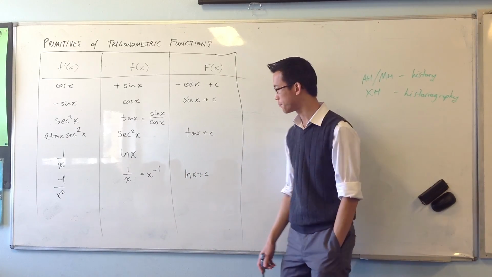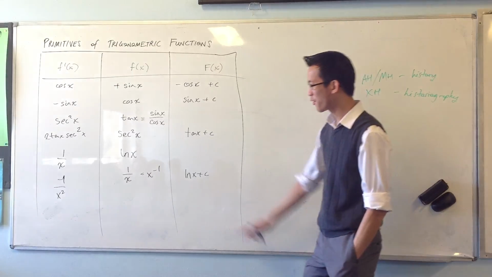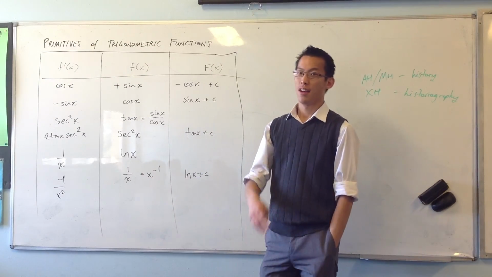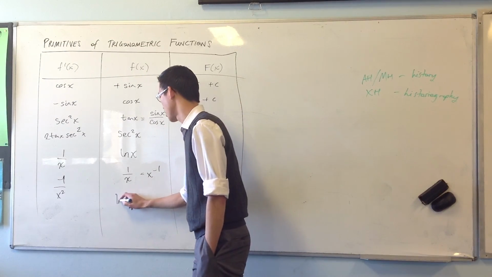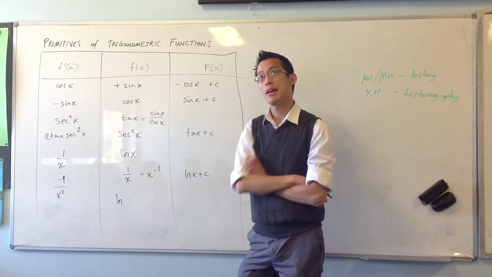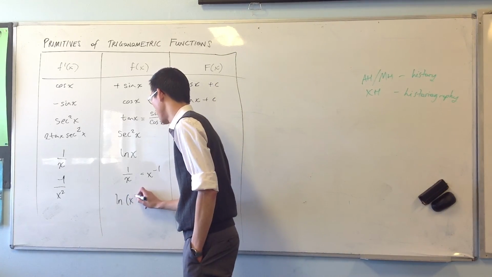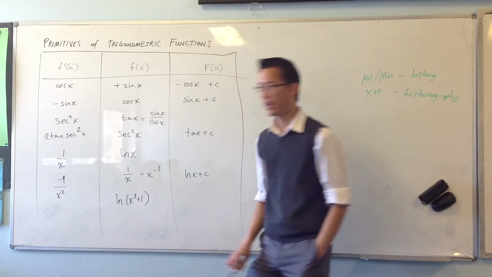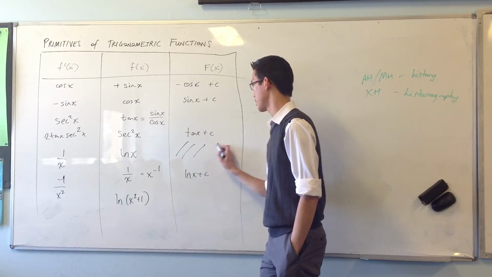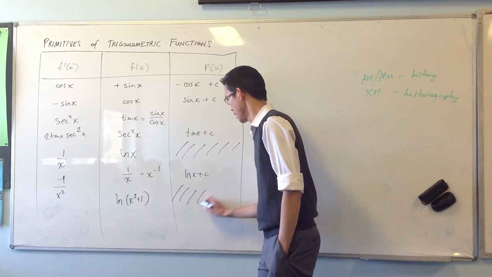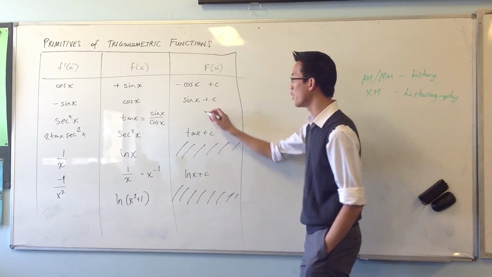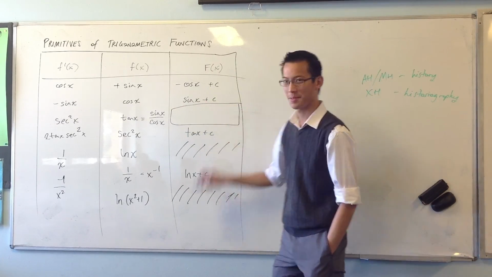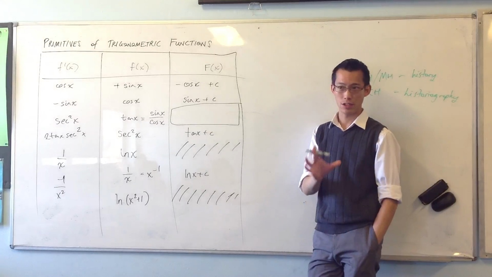Is that okay? All right, now, log functions on their own are pretty boring. We're used to stuff like this: log of, say, x squared plus 1. By the way, I'm deliberately leaving this part out because primitives of log functions you really don't need to worry about.